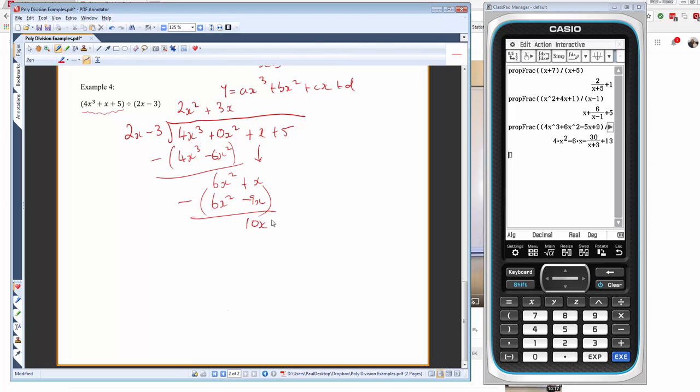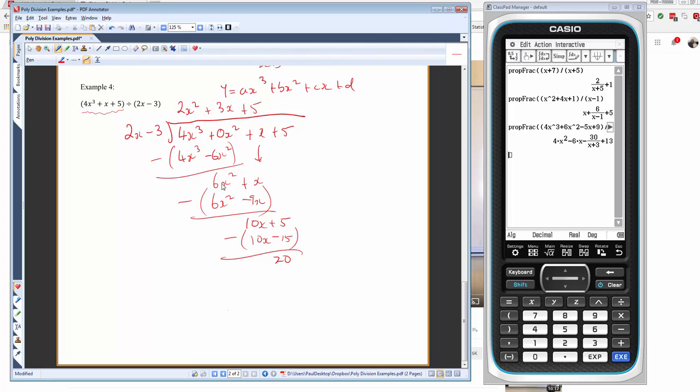That's 10x plus 5. Alright, 2x into 10x goes 5 times. 5 lots of 2x is 10x. 5 lots of negative 3 is negative 15. Bracket, subtract. 10x take 10x is 0. 5 subtract negative 15 is 20.